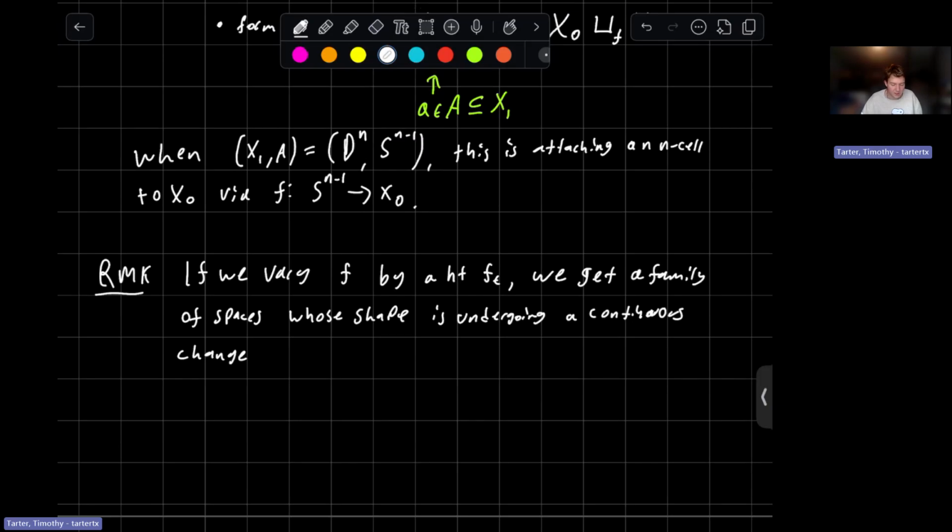And one might expect these spaces to all have the same homotopy type.